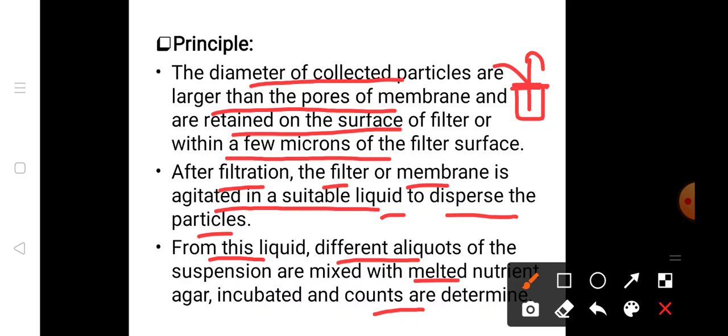From this liquid we take different aliquots and add them into the melted agar. The melted agar is poured into the petri plate and incubated for a particular time and temperature. On the next day, you can see the counts are determined. From this we come to know which type of flora is present and how many are present in the particular environment.